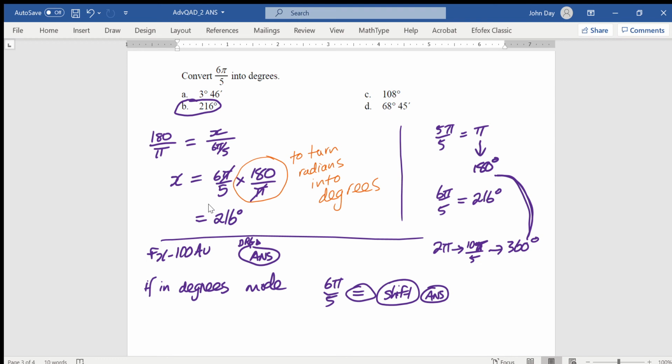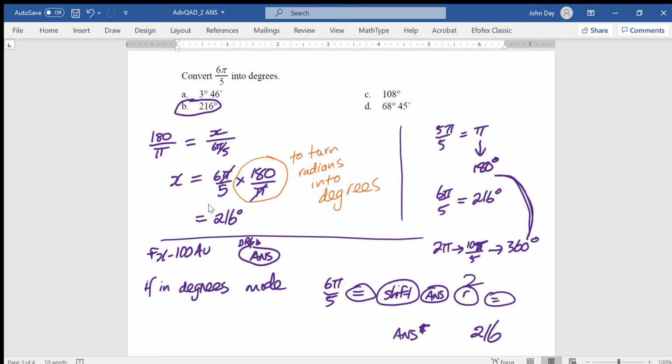So I've got to press the number 2 there, because I want R. I press equals, and you can even see it says whatever you typed in, radians, and I get 216 comes out.